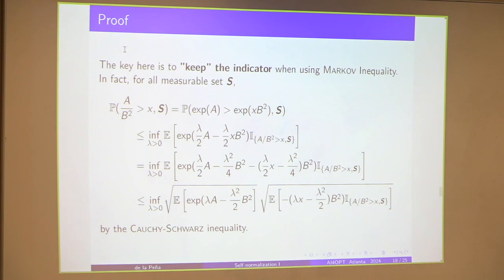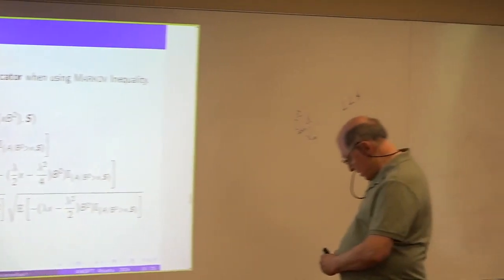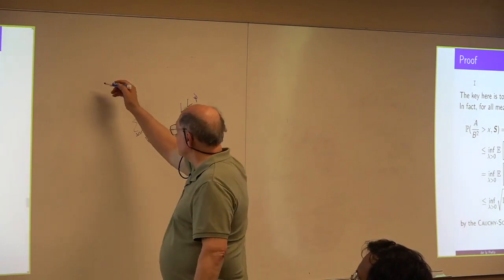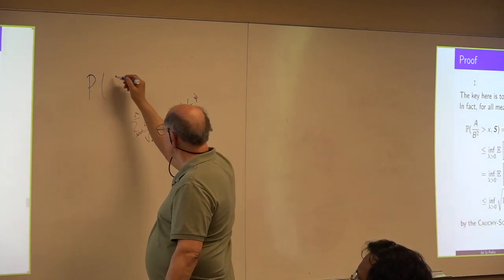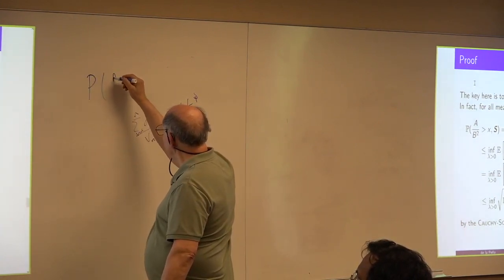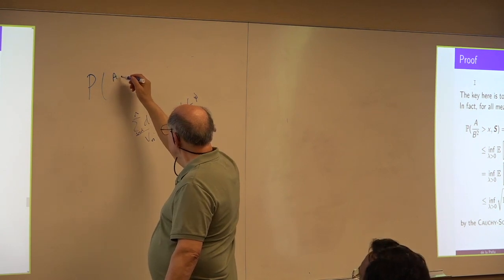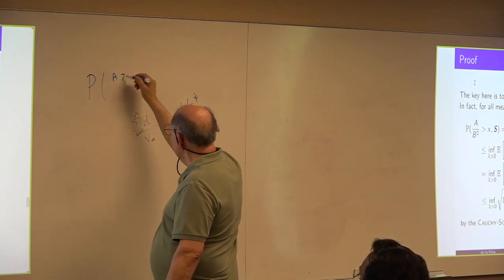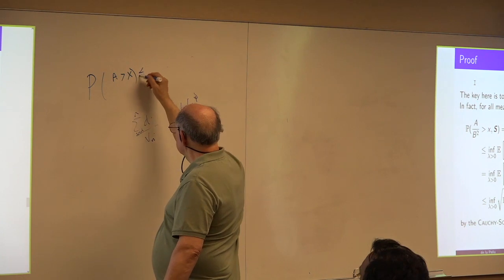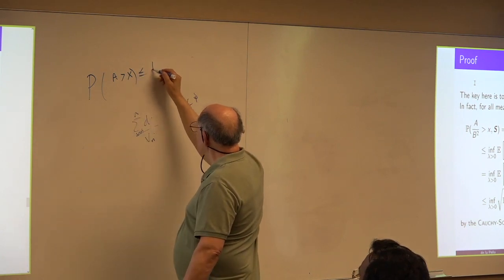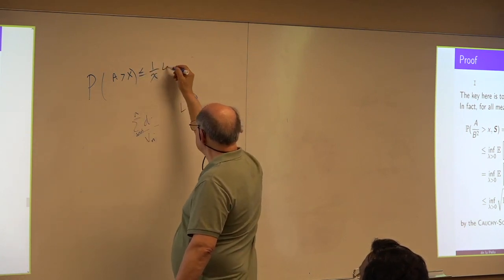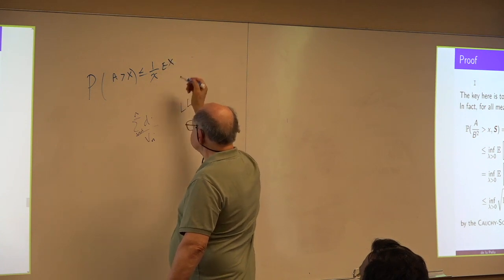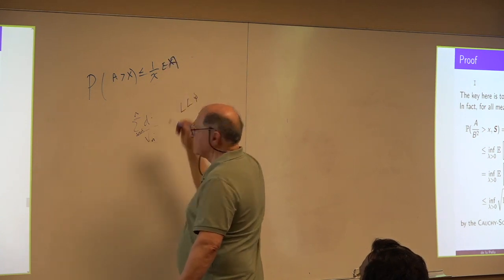So in particular, let me just, you know, that might confuse the issue, but if you look at the probability of A bigger than x, you have Markov's inequality typically written like this, right?